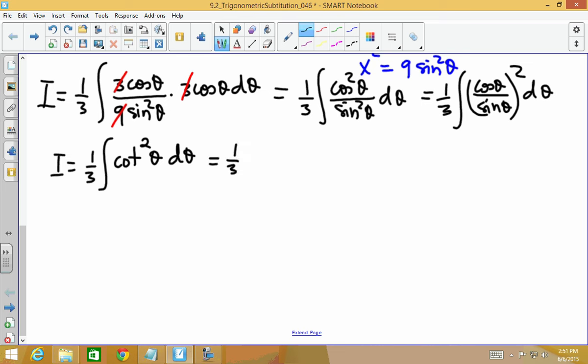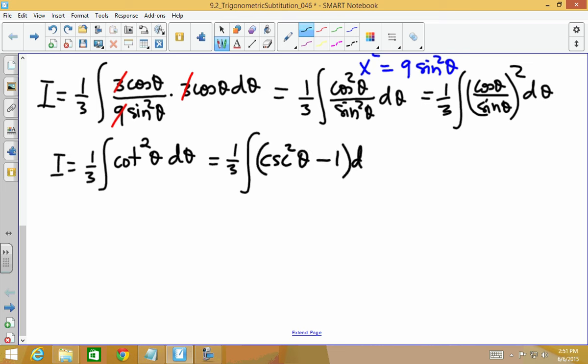We know that the derivative of cotangent is negative cosecant squared, but there's a relationship between cotangent squared and cosecant squared. Cotangent squared is cosecant squared theta minus 1.